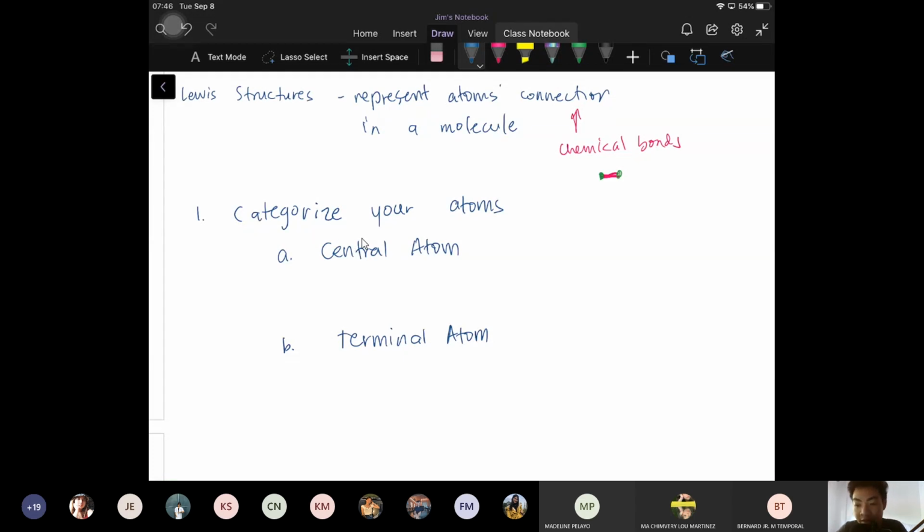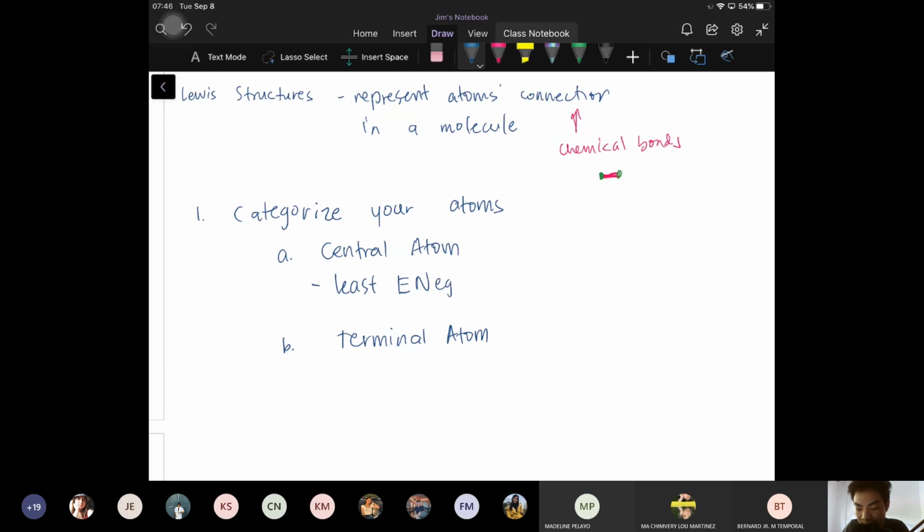So, what is the criteria for an atom to be a central atom? Madali lang. You have to check if that atom is the least electronegative sa iyong group.